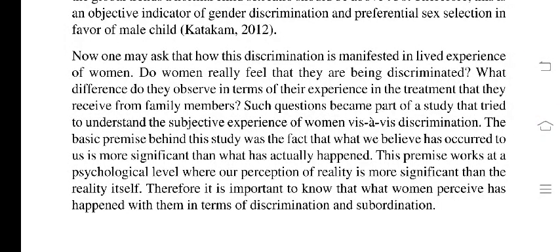Now one may ask how this discrimination is manifested in the lived experience of women. Do women really feel that they are being discriminated against? What differences do they observe in the treatment that they receive from family members? Such questions became part of a study that tried to understand the subjective experience of women vis-a-vis discrimination.